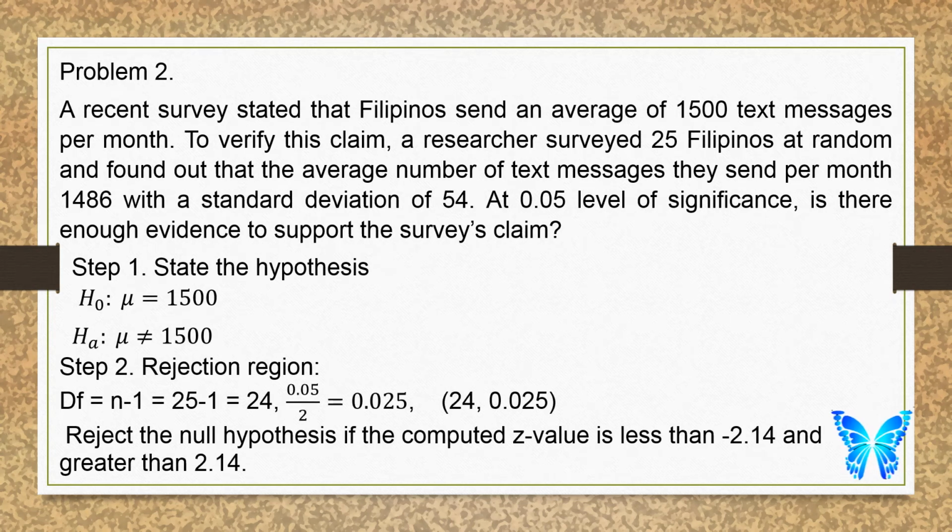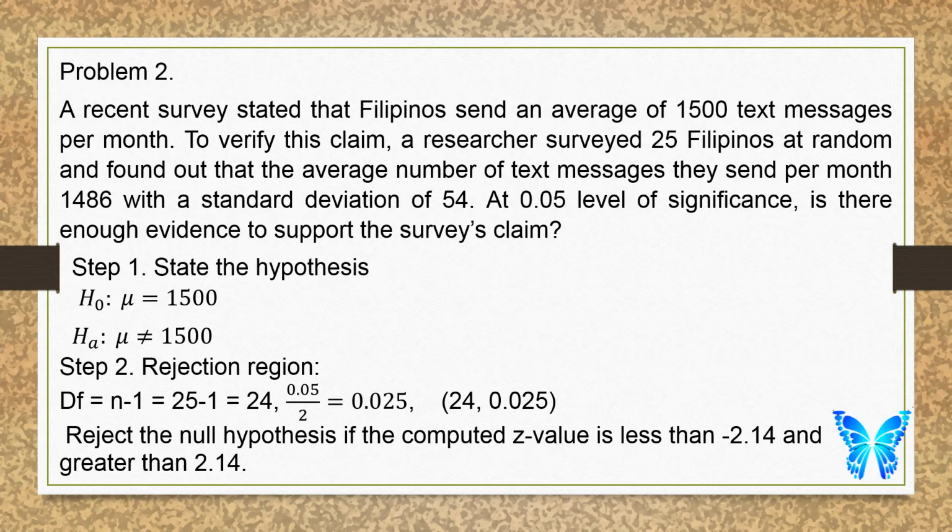Step number 2, this is now the time that we identify the critical region. For us to identify the critical region, let us also identify df, the degrees of freedom, which is equal to n minus 1. In the problem, our n is 25, so we have 25 minus 1 is 24. This 24 as our degrees of freedom, we will pair with the level of significance, 0.05, after dividing it by 2.